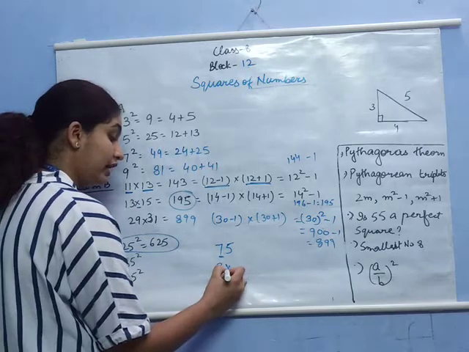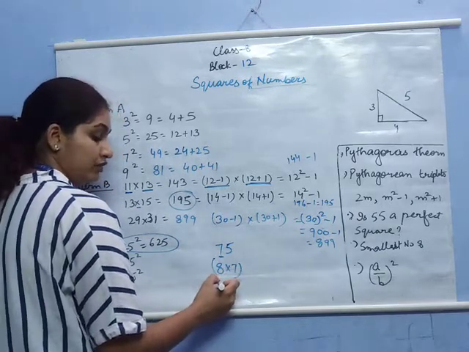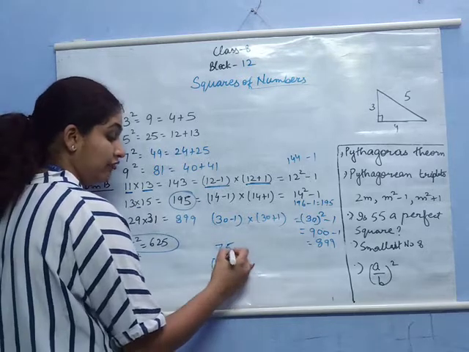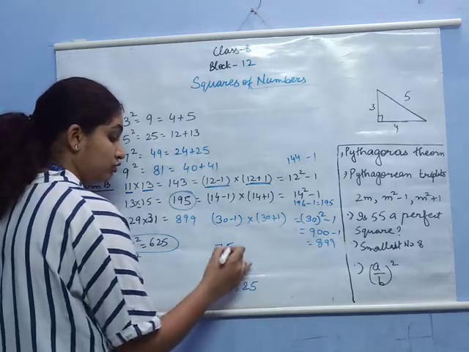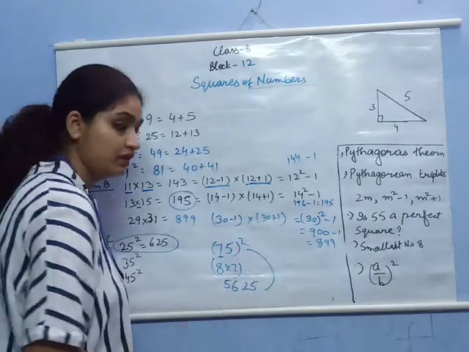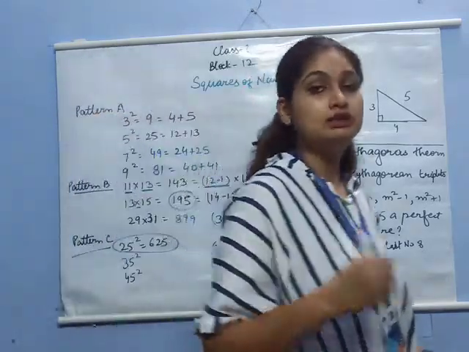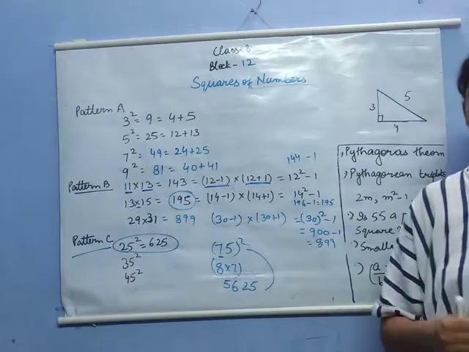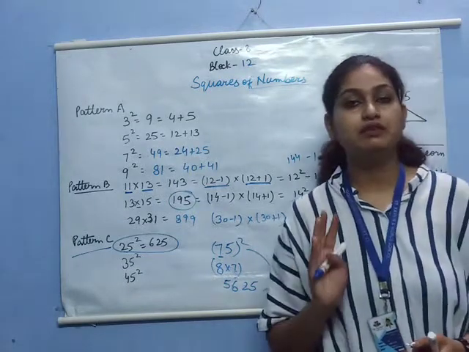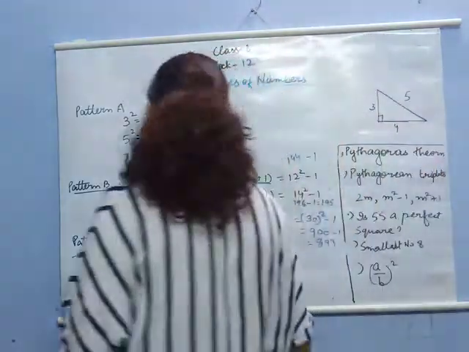I'll multiply 8 and 7 together. 8 sevens are 56, and 5 square, 25, I'll write. So 75 square directly will be 5625. Multiply the tens digit with the number just greater than it, and then write 25 at the end. This is how we are going to find the patterns.